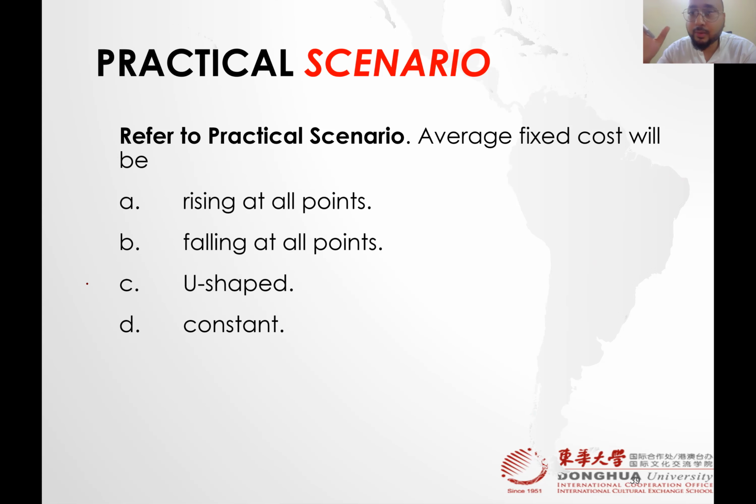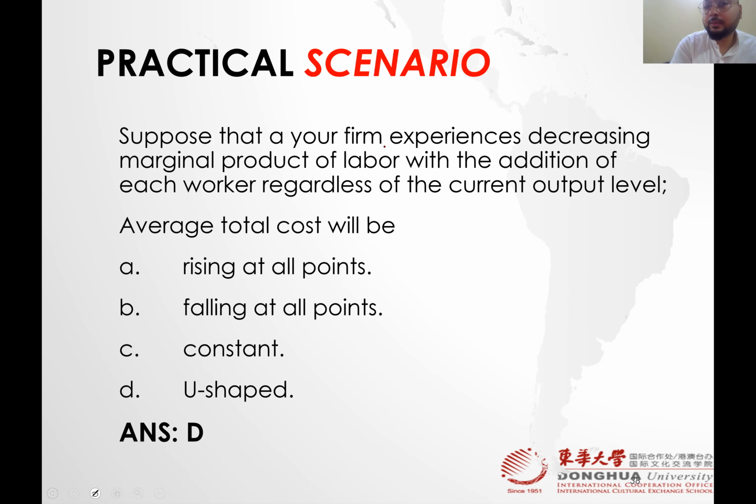It's going to be totally different, right? So that's why we have a practical scenario here: the firm experiences the diminishing marginal product property. A rational firm experiences this kind of problem, that every new worker they hire produces less than before, but total production will be increasing.